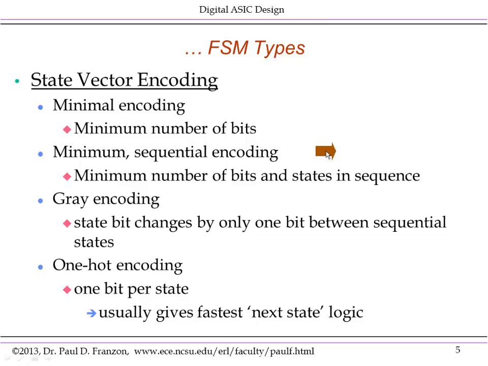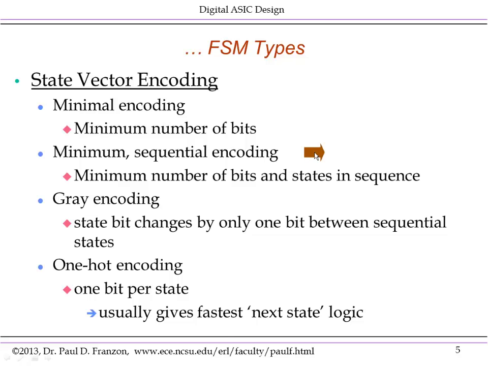However, that does not necessarily lead to the minimum logic in the combinational logic blocks here. You might recall from your earlier days as an undergraduate that there are ways to do state sequence optimization so as to minimize that logic. Synopsys can do that for you, but we're not going to cover that as part of this class.